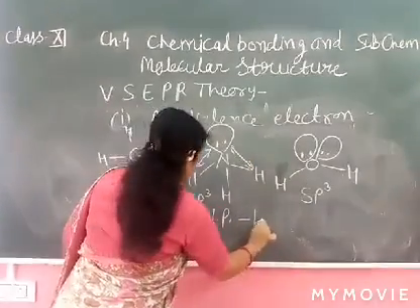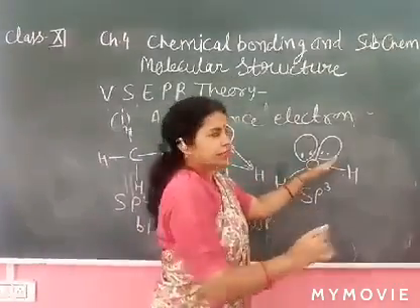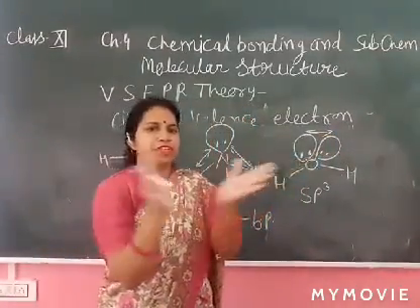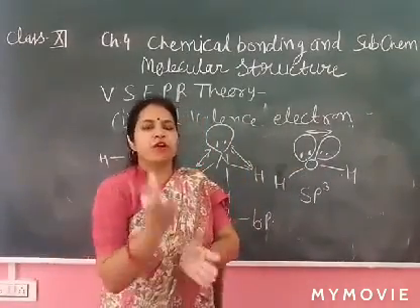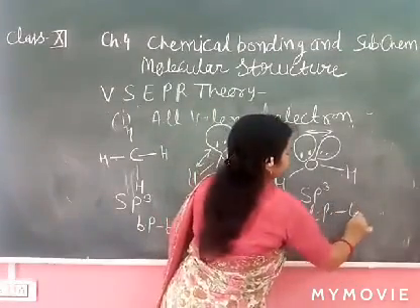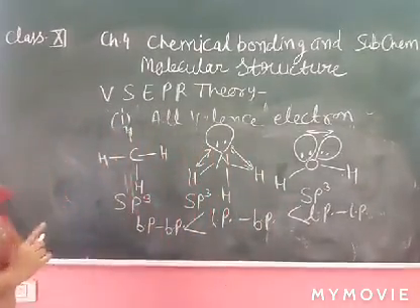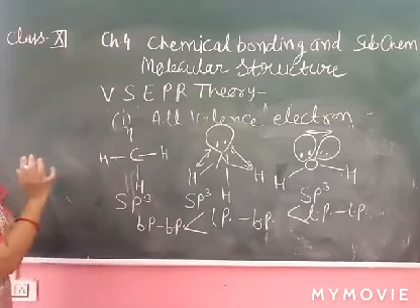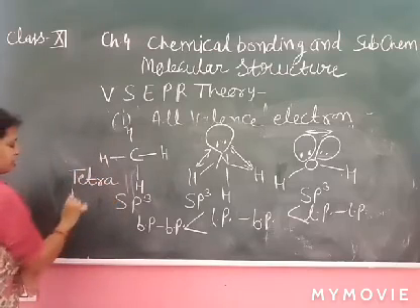When lone pair repulsion occurs, the bond angle shrinks and decreases. Methane is a symmetric structure, tetrahedral. We already learned this in the first point. Learn this point.